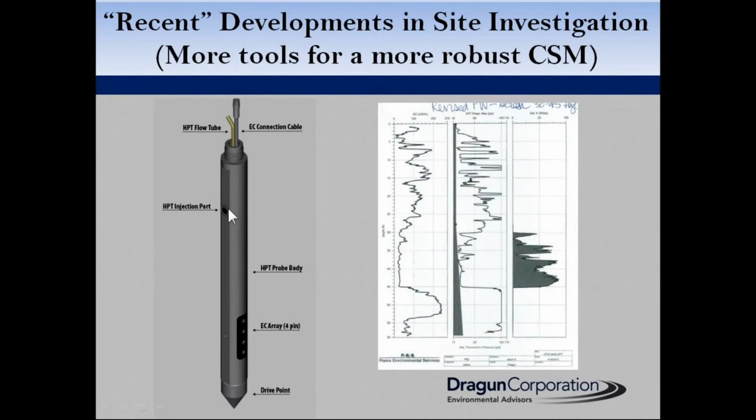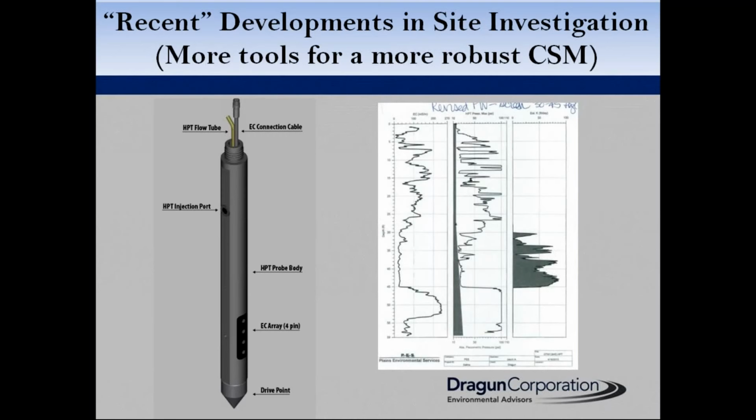And the HPT itself is right in here, the injection port. What happens is they pump out water into the formation, and the pressure that resists that pumping out is related to the type of geology.